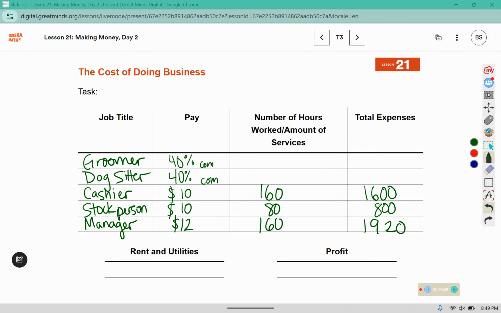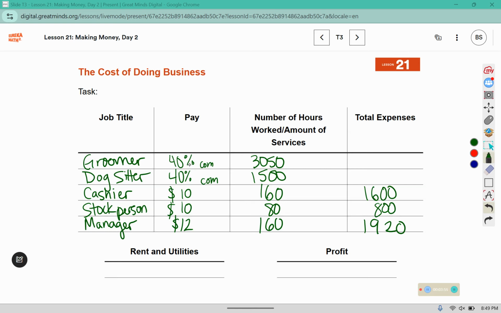From yesterday's lesson, we said that we would earn $3,050 from grooming services and $1,500 for dog sitting or dog care.